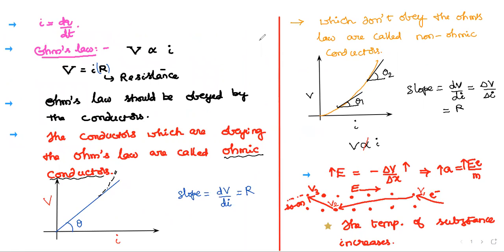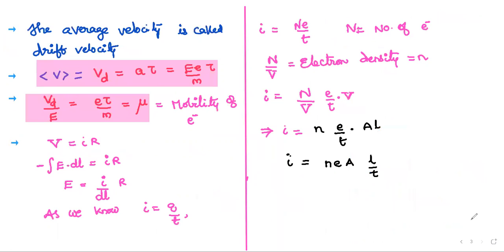That's why, when it is moving with non-uniform velocity, total displacement by total time gives the average velocity. So L by T is equal to the average velocity.